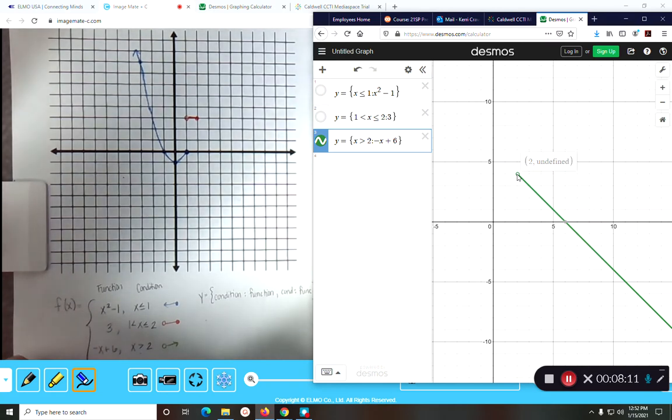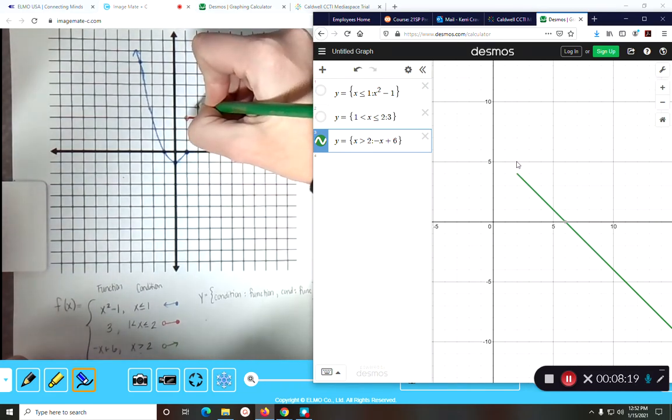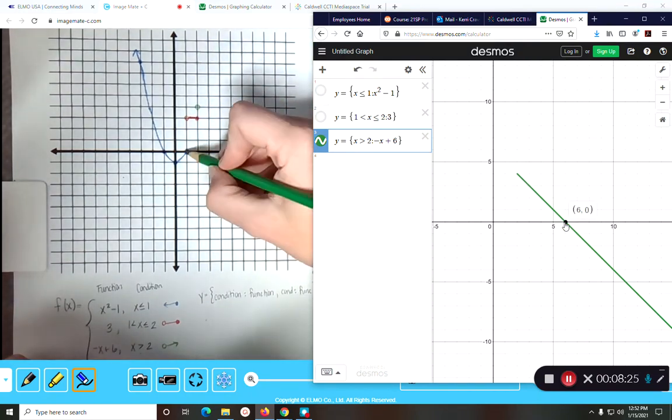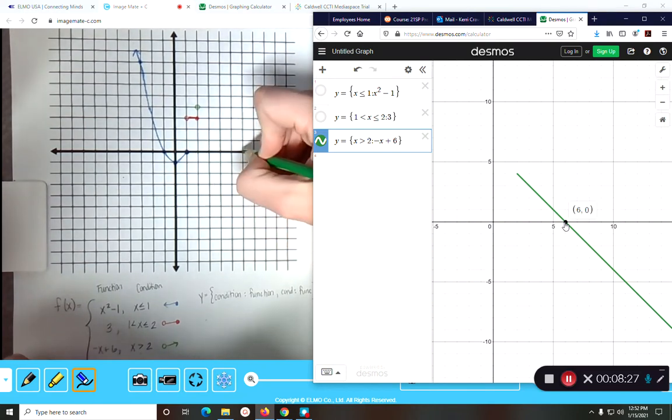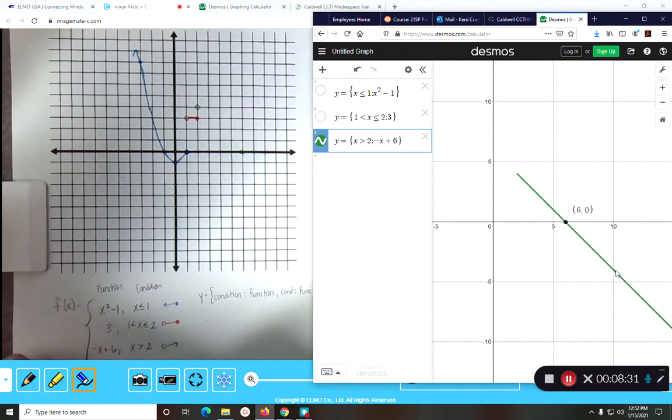So at 2, 4, let's put an open circle. And then I just need some more points to form this line. Right there's a good one at 6, 0. Let's get a couple more. It looks like right here at 10, negative 4. 10, negative 4 is a good one.